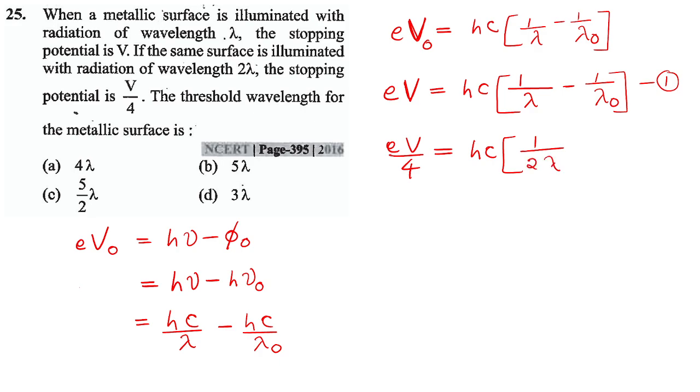Lambda 0 remains the same because the cutoff wavelength is a property of the metal.